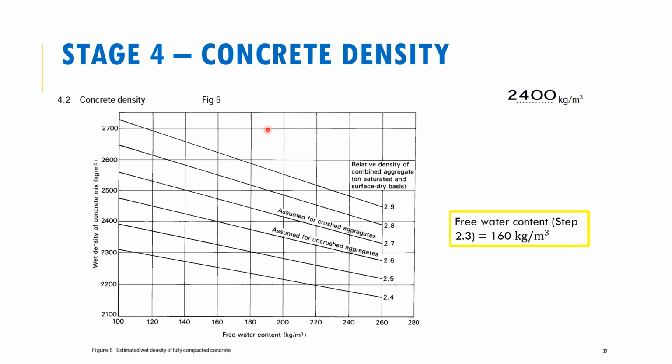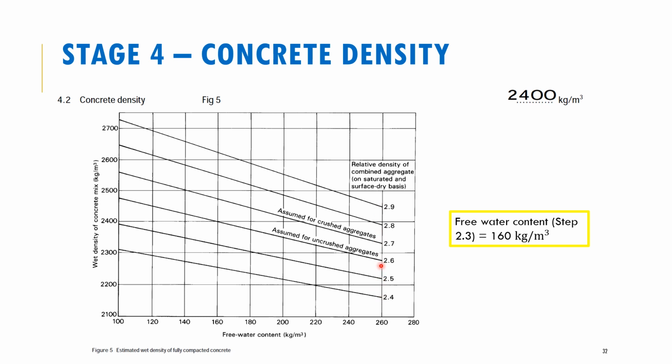The second step involves calculating the concrete density. To do so, we need to use figure 5, which you have in front of you, extracted from the BRE guidelines. The free water content is what we require on the x-axis. This is what we obtained from step 2.3, and if you remember, that was 160 kilograms per meter cubed.